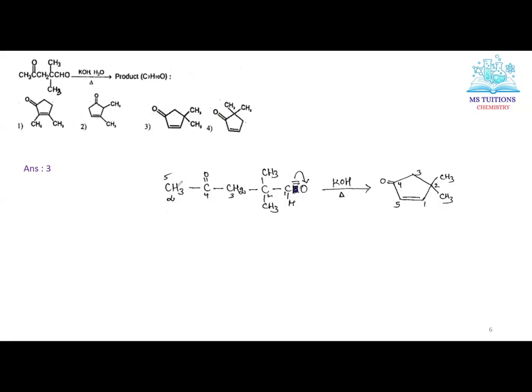So fifth carbon and third carbon are alpha hydrogens with respect to the C double bond O. So fifth carbon alpha hydrogens I am using. So if we apply aldol condensation, from fifth carbon two hydrogens we are removing, and from here double bond O we are removing. So this carbon and this carbon is linked with double bond. So that is called crossed aldol condensation. So 5-member ring will be formed.